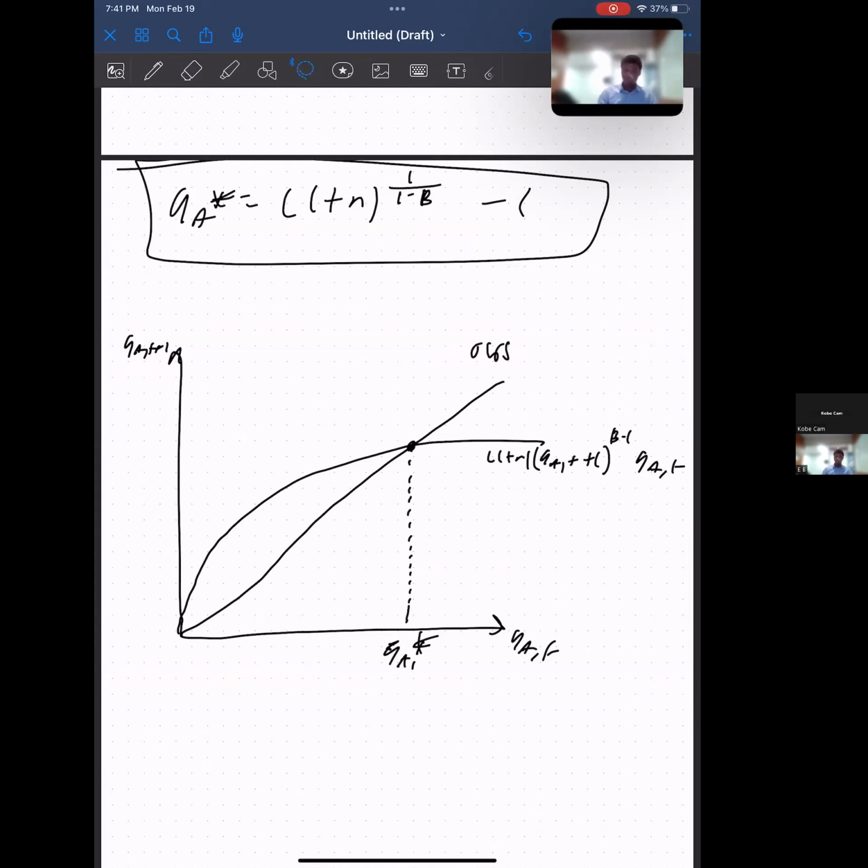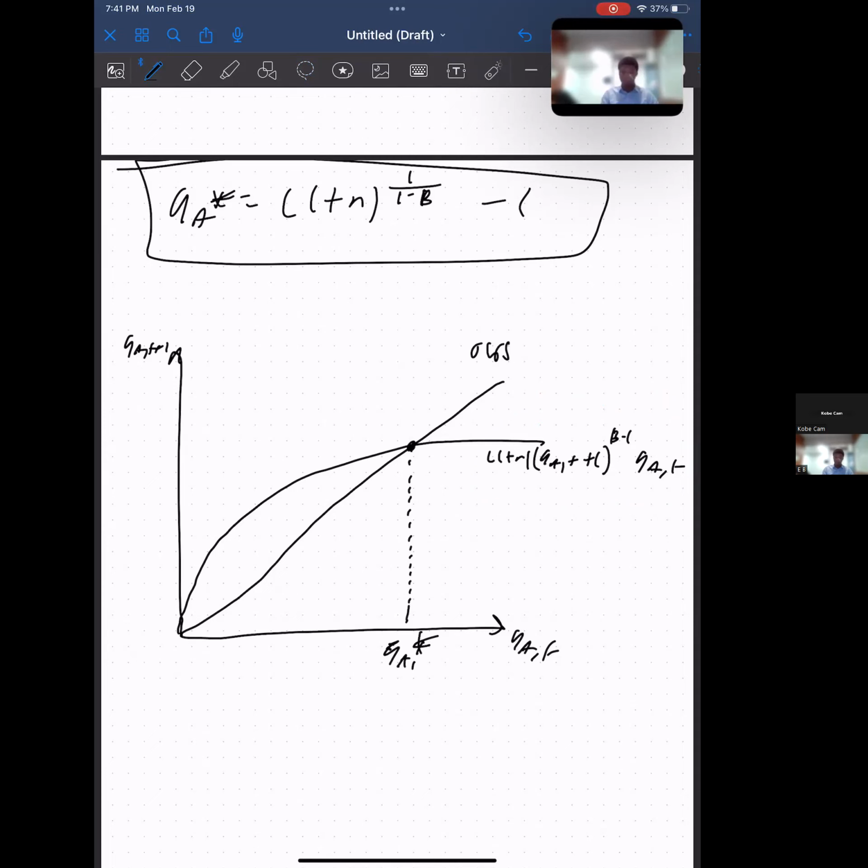Well, no. Why not? Because there's no B inside this equation. If B was in this equation, then we might see a shift, but there's no B here. So if there's no B, then there's no shift in the equation.